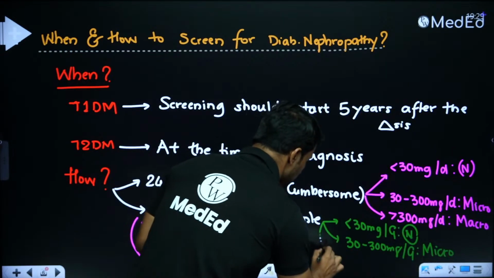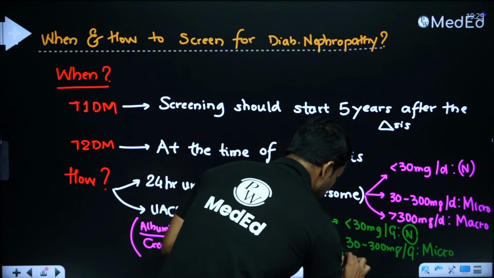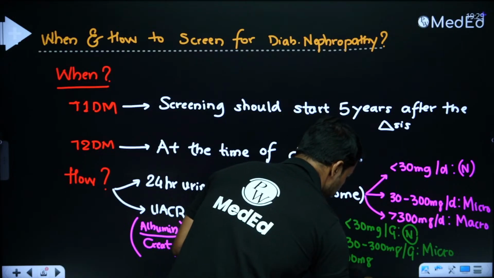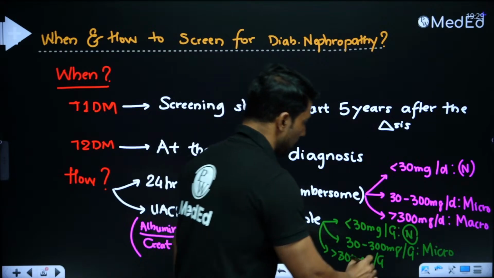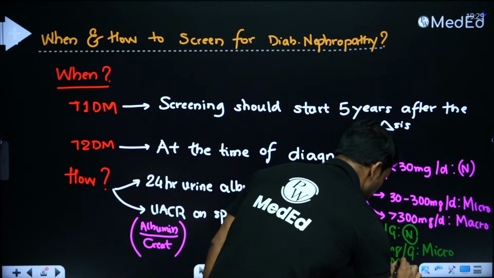And if I am losing more than 300 milligrams of albumin per gram of creatinine, then it is macroalbuminuria.